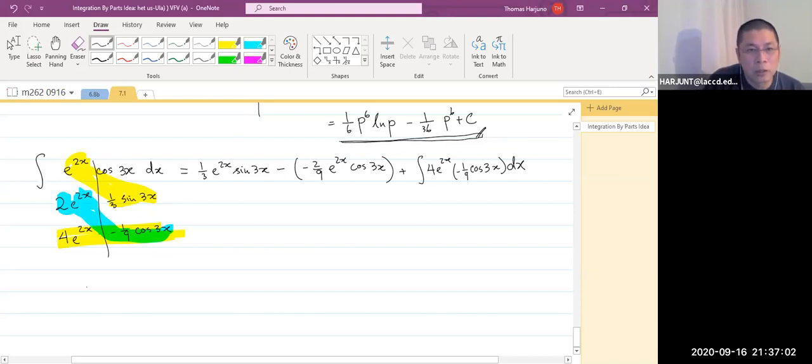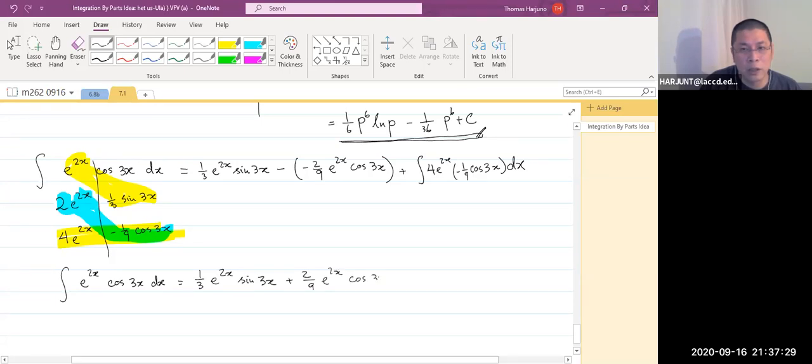Let me make it nicer. What I actually have on the left-hand side is the integral of e to the 2x cosine 3x dx. On the right-hand side, I have 1/3 e to the 2x sine 3x plus 2/9 e to the 2x cosine 3x minus 4/9 integral e to the 2x cosine 3x dx.